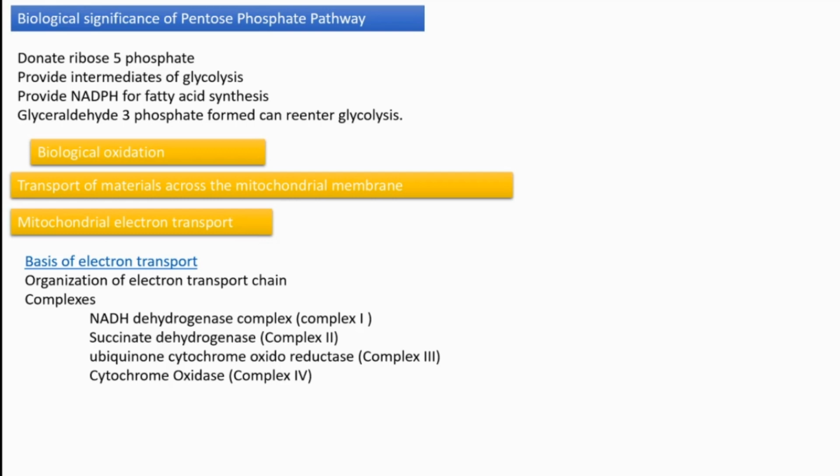The synthesis of this ATP is the ultimate goal of whatever metabolic process we have learned up to here, because so many cycles we have learned regarding the breakdown of glucose, the breakdown of carbohydrate, and all these will reach their end after all the processes happening in the mitochondria finish. So we need to have a basic understanding regarding the electron transport. That's what I am going to give you now.